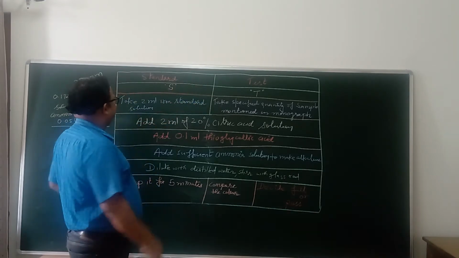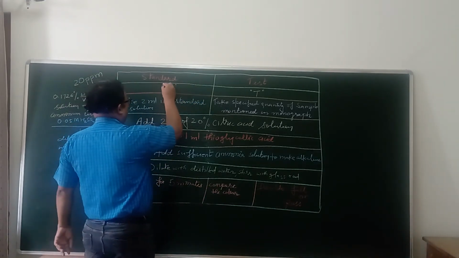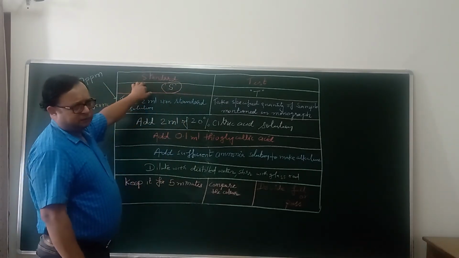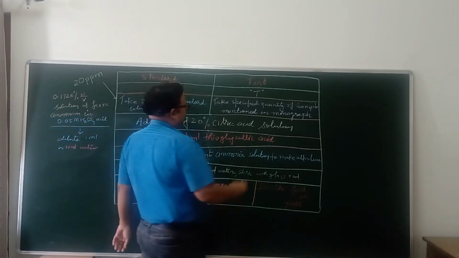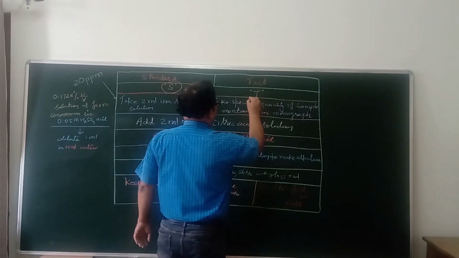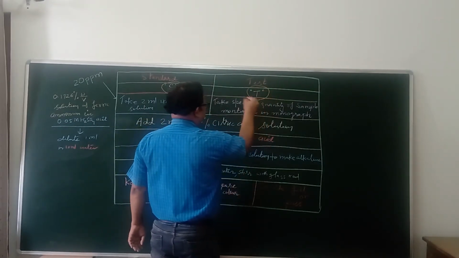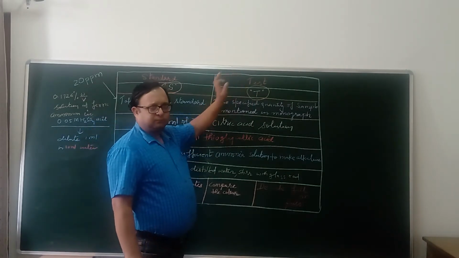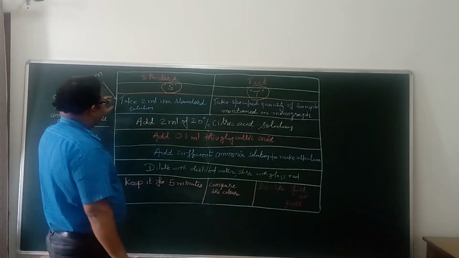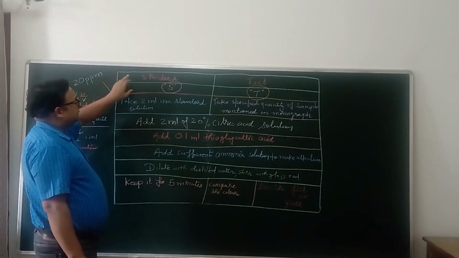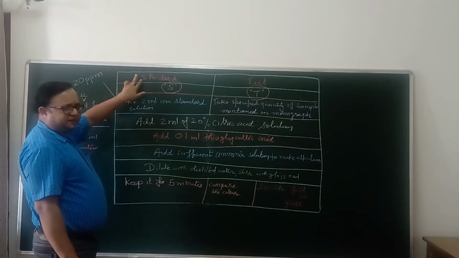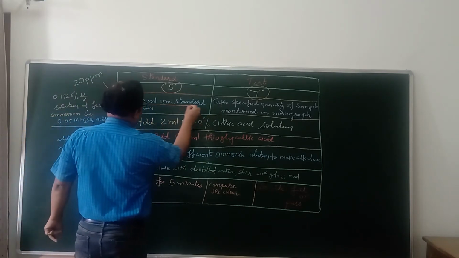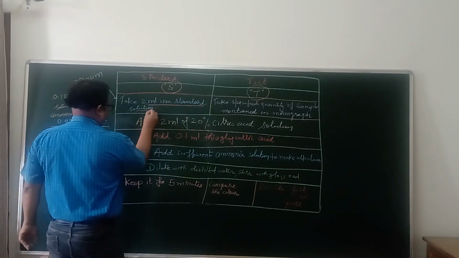One Nessler cylinder is labeled as S and it is known as the standard. Another Nessler cylinder is labeled as T and it is known as the test. In the standard Nessler cylinder that is labeled S, we take 2 ml iron standard solution.